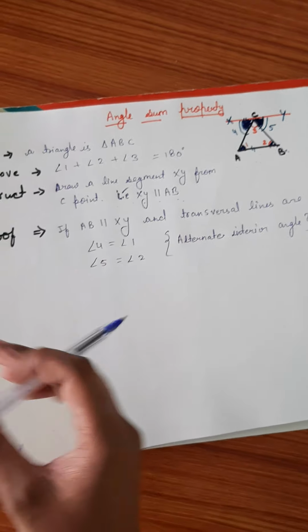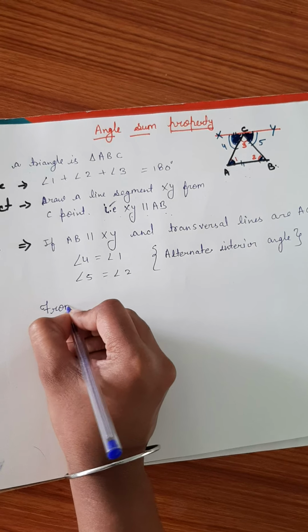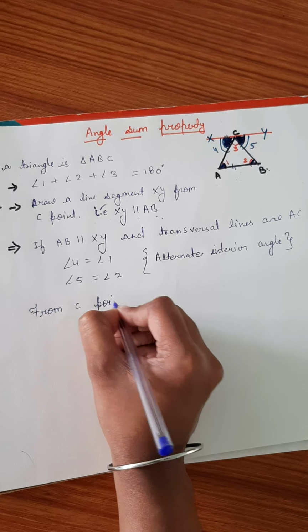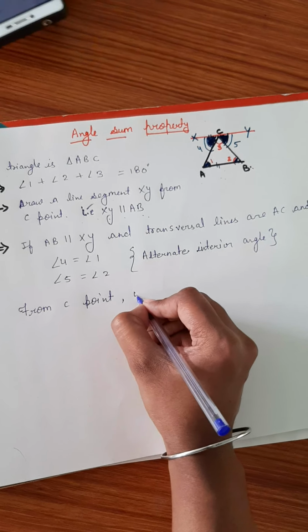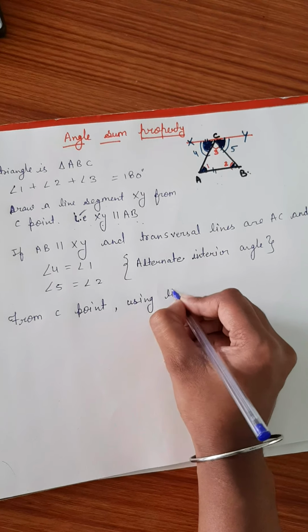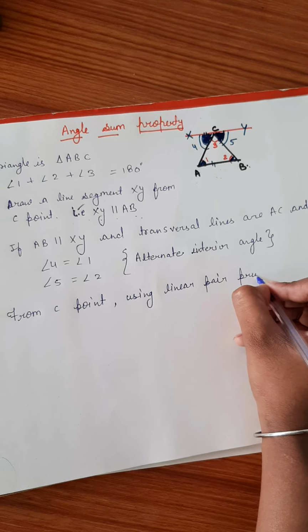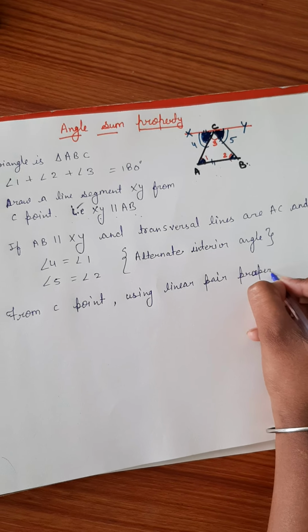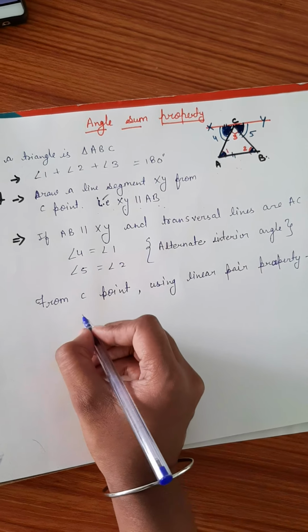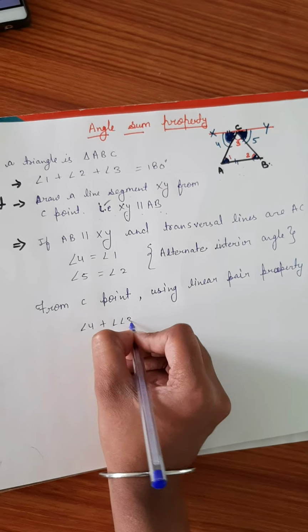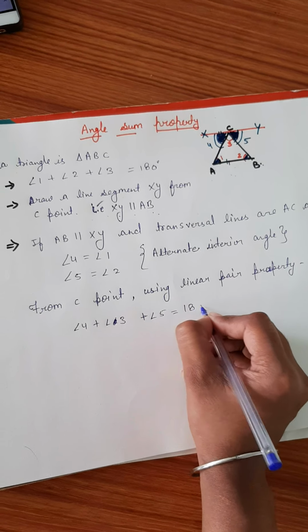Now the next one, last. From point C, if we observe, there is a linear pair. From point C, using the linear pair property, what is it? The sum of three angles, angle 4 plus angle 3 plus angle 5, is equal to 180 degrees.